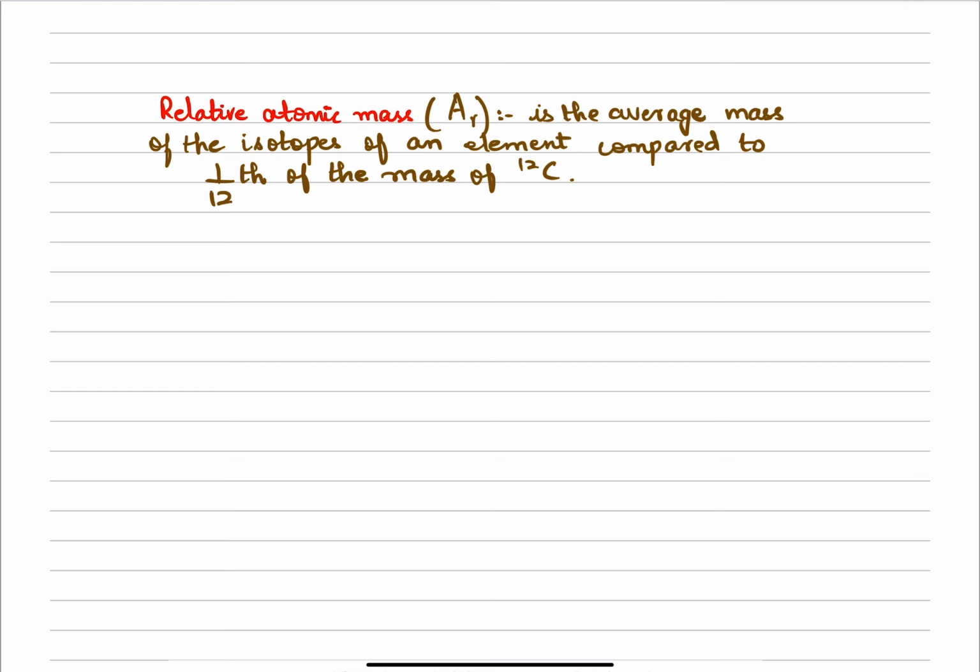Basically, carbon 12 is my comparison, and compared to carbon 12, I'm calculating the average mass of the isotopes of an element. So we will take all the isotopes of the element, we're going to take the average of their masses, and we're going to get the relative atomic mass.